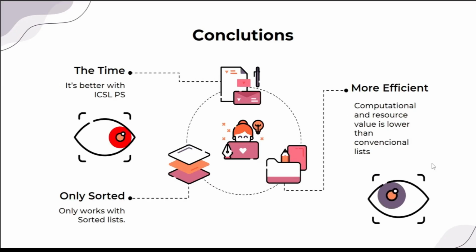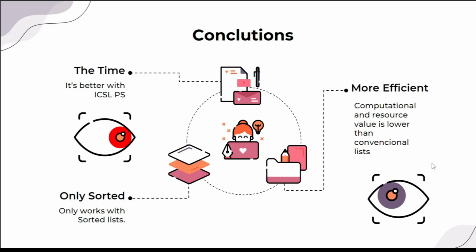Okay, now my conclusions and opinions about the paper. In the paper, every concept was really easy to understand, and the way they show and explain how ICSL works using graphics and charts was really good. Additionally, they give the logic of every method like searching, insertion, and deletion, so we have the logic and can repeat it in our projects.